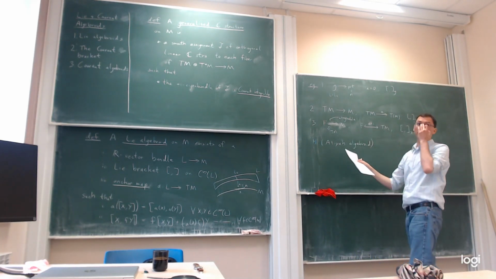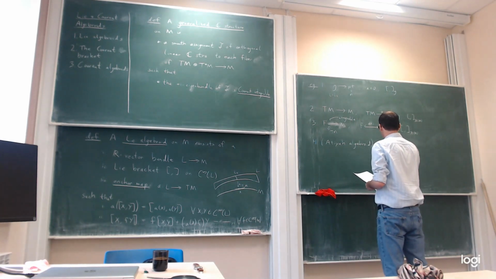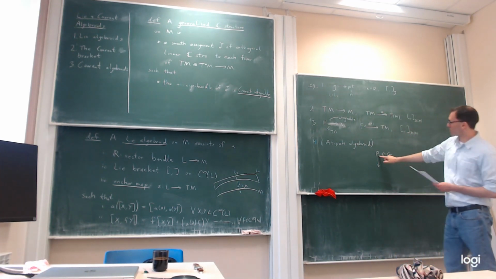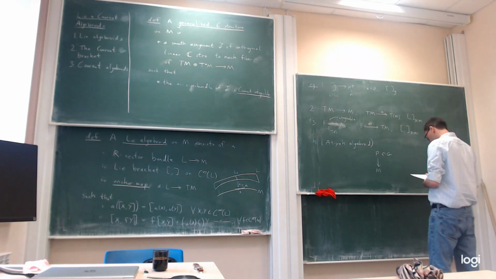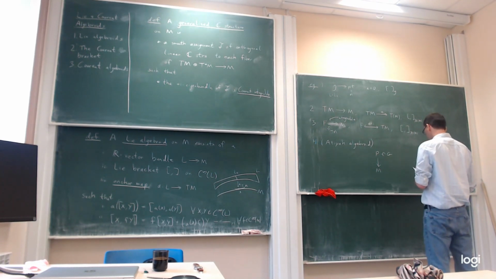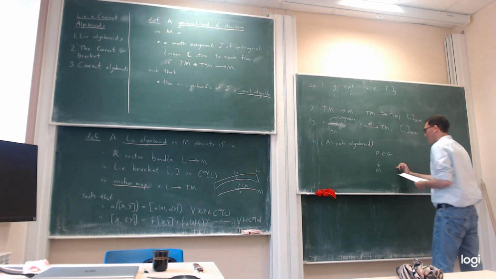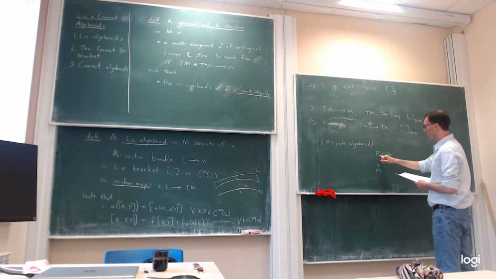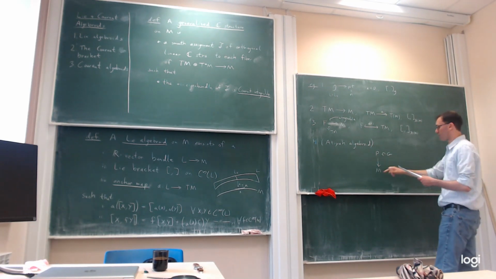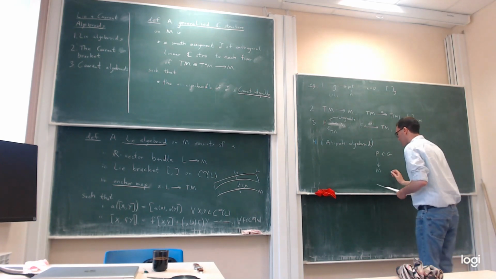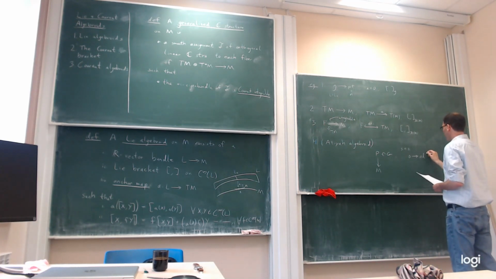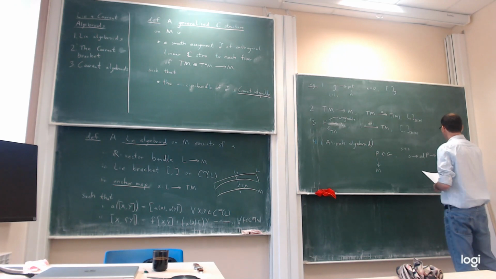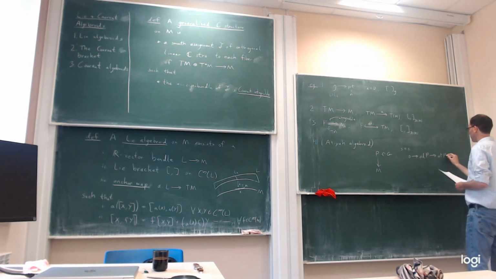The data that the Atiyah algebroid takes is a principal bundle P, let's say a G principal bundle P over a manifold M. We obtain a short exact sequence of vector bundles on M, not on P, but on M, given by 0 to the adjoint bundle of P. This is a vector bundle on M. To this is the Atiyah algebroid, to the tangent bundle, to 0.